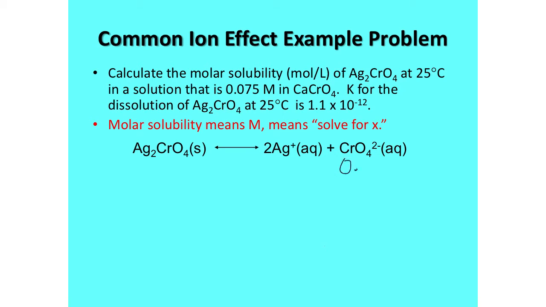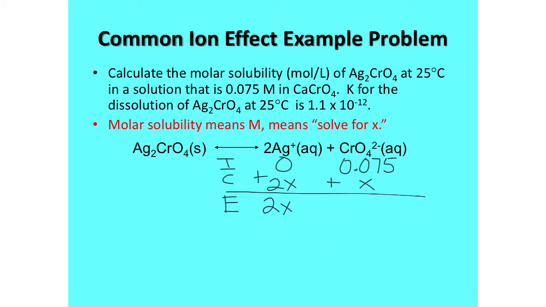So our original concentration of the chromate ion is 0.075. Now, this is still going to increase by 2x, and this is still going to increase by x. So our equilibrium values would be 2x for the silver ion and 0.075 plus x for the chromate ion.